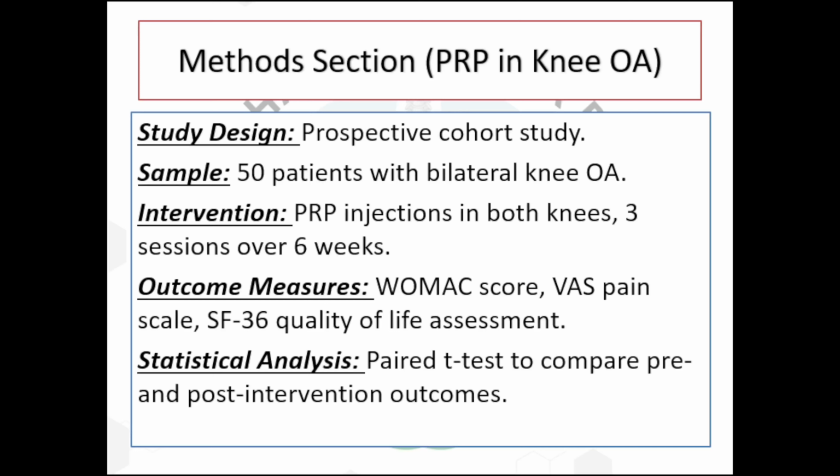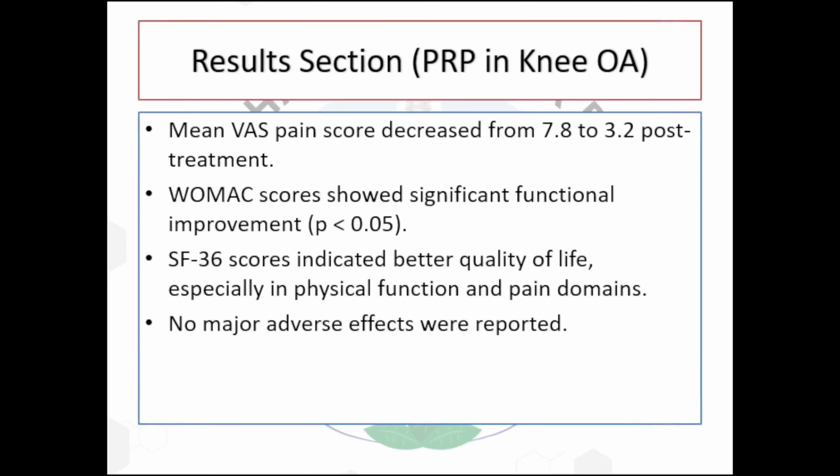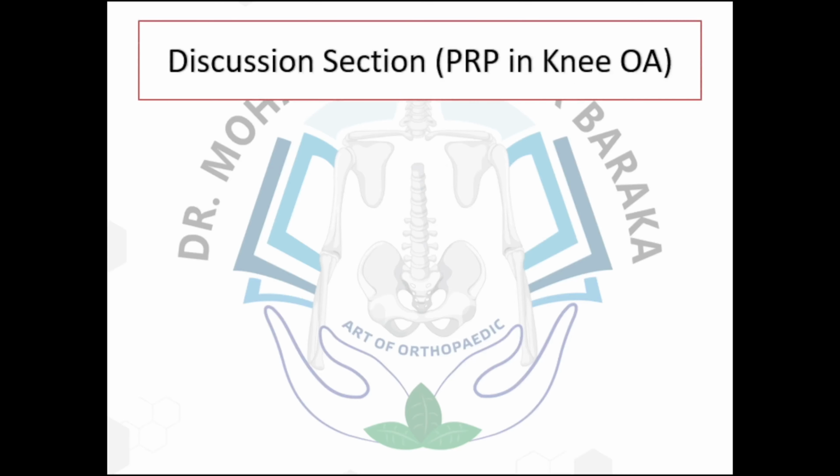Statistical analysis: we use a paired test to compare pre- and post-intervention outcomes. The result in this study: mean VAS pain score decreased from 7.8 to 3.2 post treatment. WOMAC score and SF-36 also improved, and no major adverse effects were reported after PRP injection.